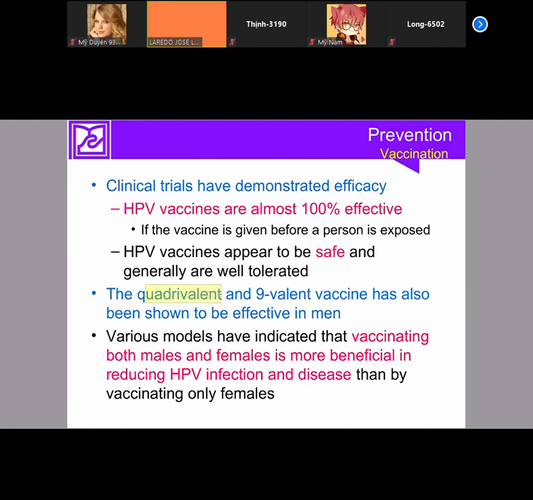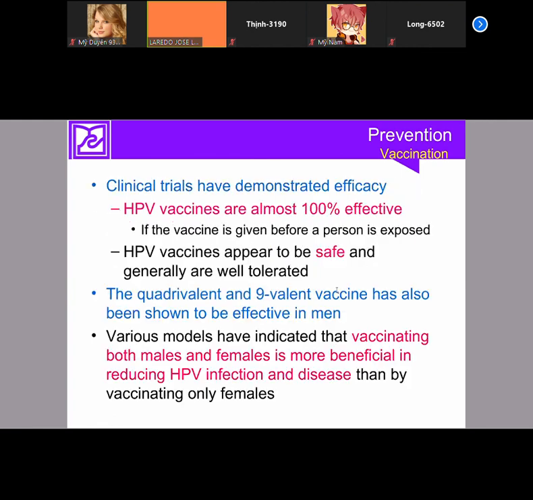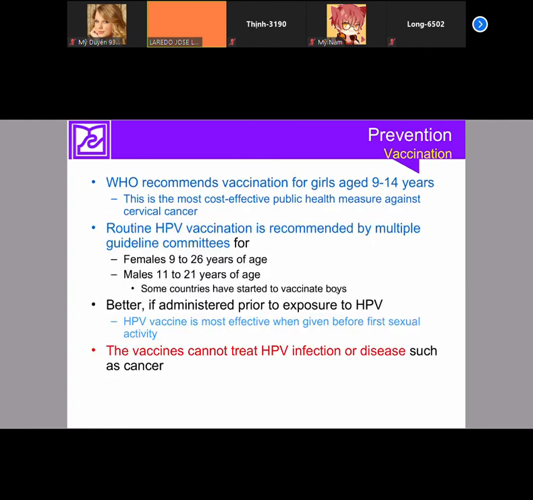The quadrivalent vaccine and the 9-valent vaccine are also effective in men, because these serotypes, 6 and 11, cause disease in men. So currently, the recommendation in Vietnam is to vaccinate women. However, in some countries, males are also vaccinated.